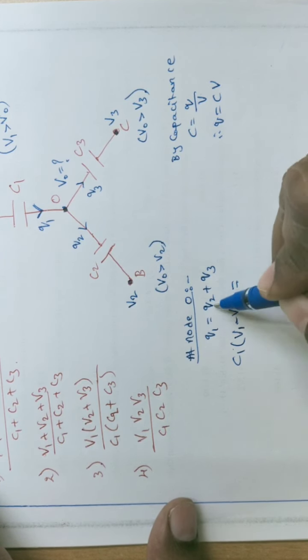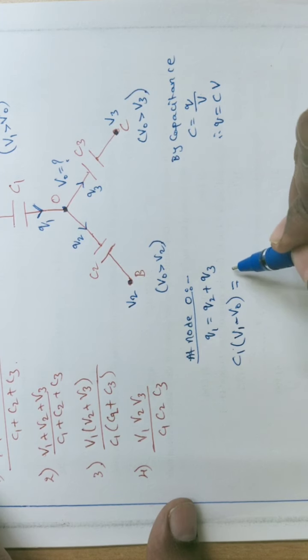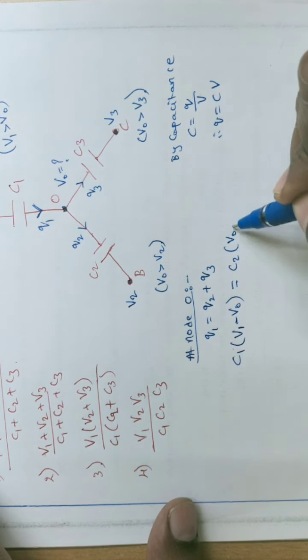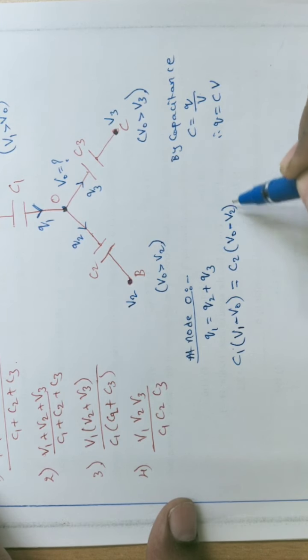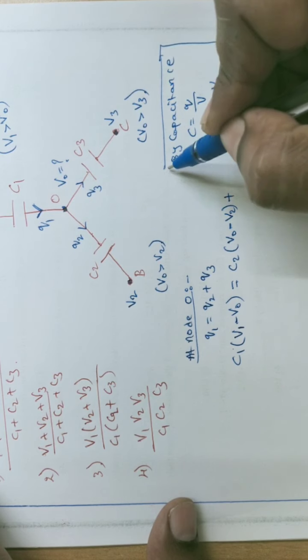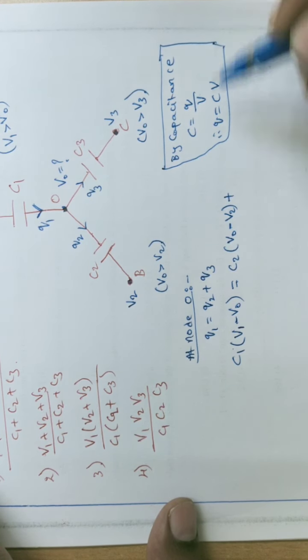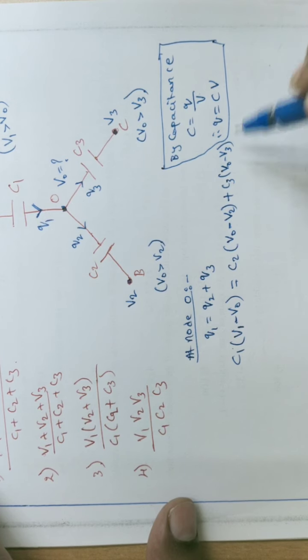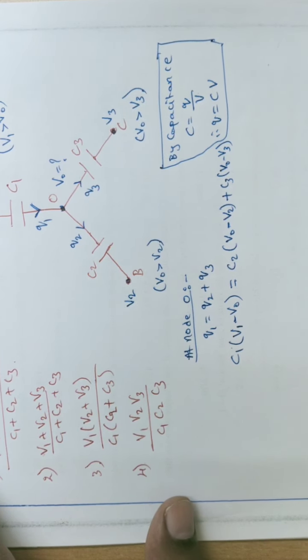Is equal to, along Q2 similarly we can represent C2 into, which one is greater, V0 is greater, so V0 minus V2, plus along Q3 we are representing this as C3 into V0 minus V3. So this is the one step we have observed.